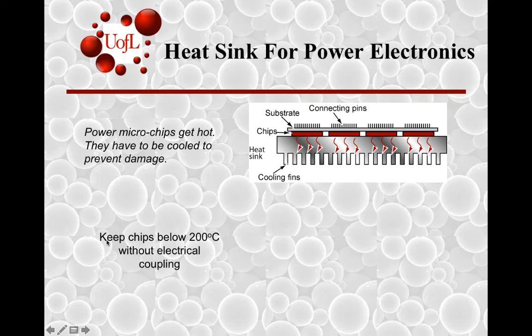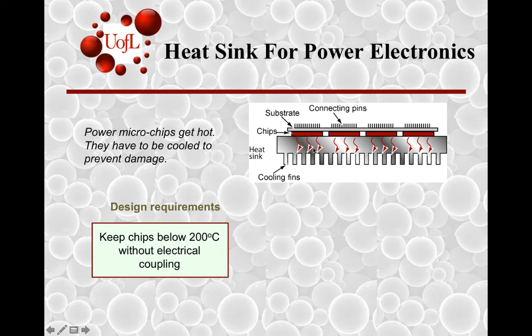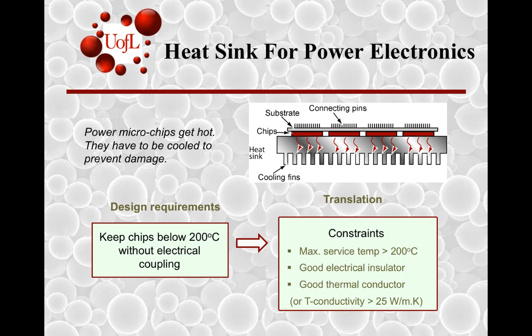In terms of a design constraint, let's say, typically these things become hot enough to reach a temperature of around 200 degrees centigrade or more, and so we need to keep it below that so that degradation doesn't happen. And they have to be electrical insulators as well. Okay, so these are the design constraints.